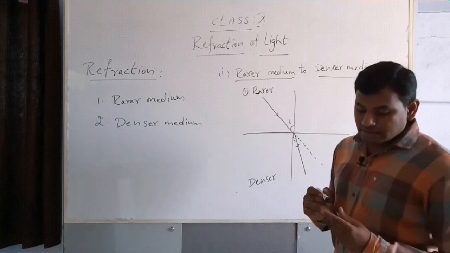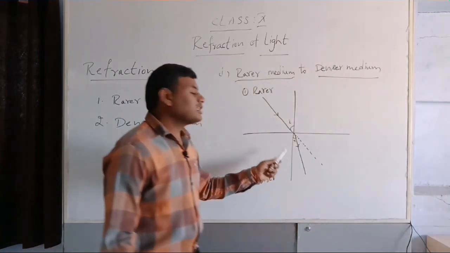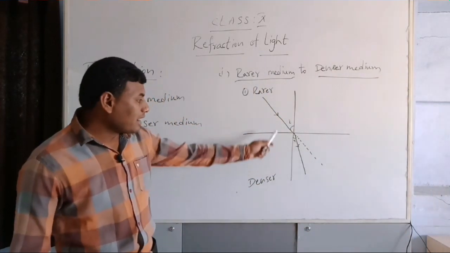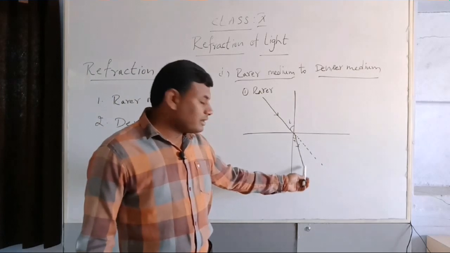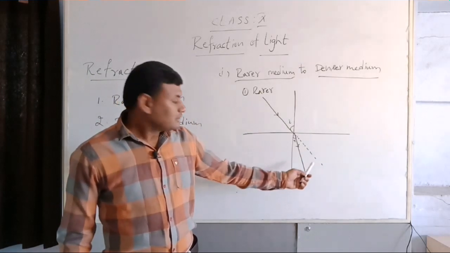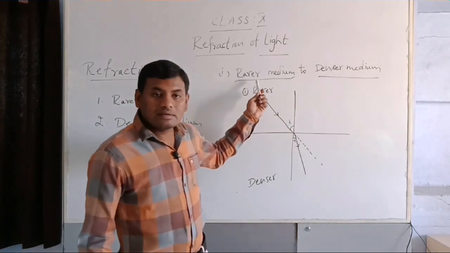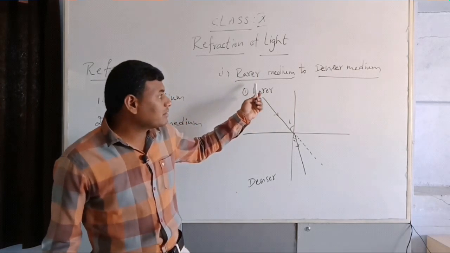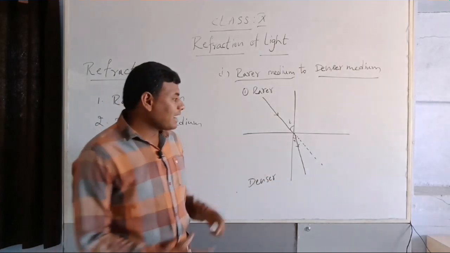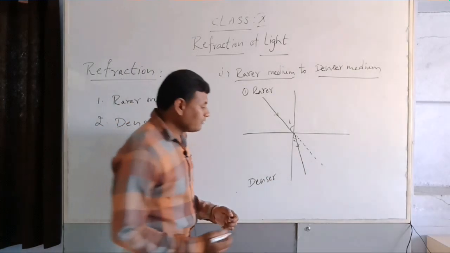So when a light ray is entering from rarer medium to denser medium, the speed of light decreases and the refracted ray bends towards the normal. So whenever the light ray is entering from rarer medium to denser medium, angle of incidence is always greater than angle of refraction.